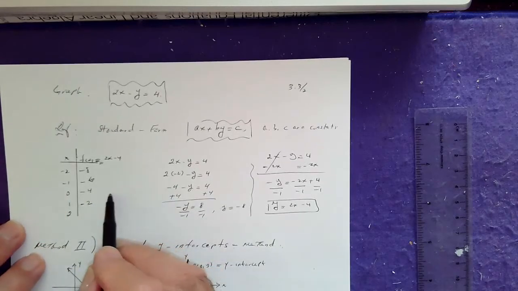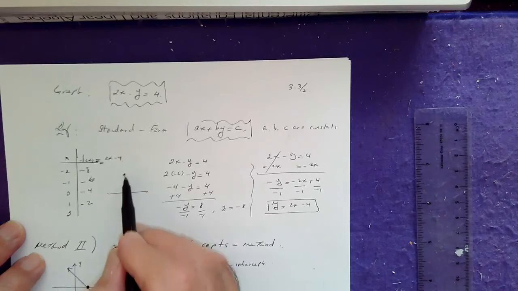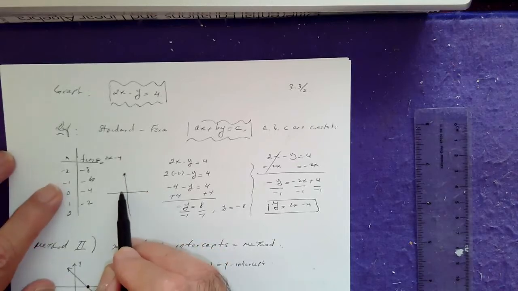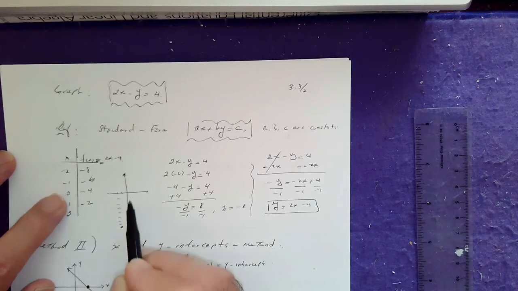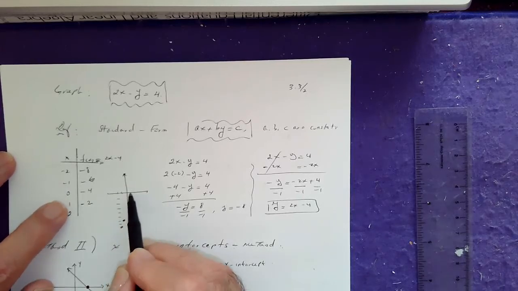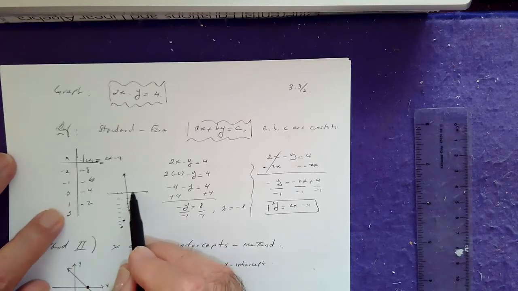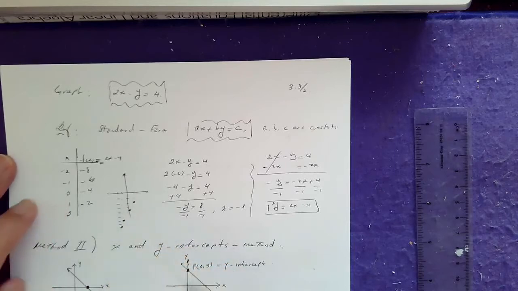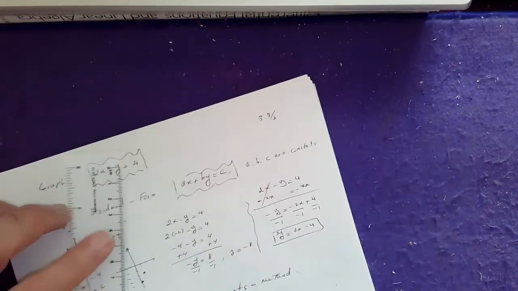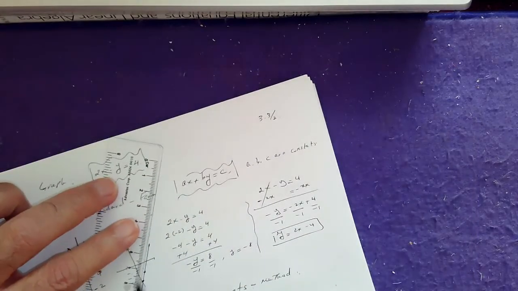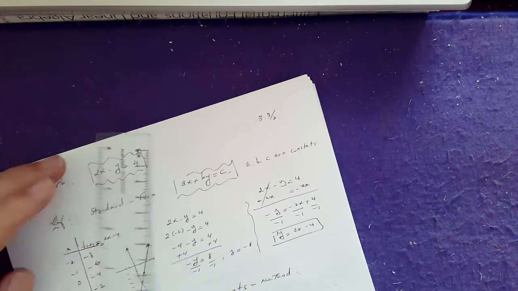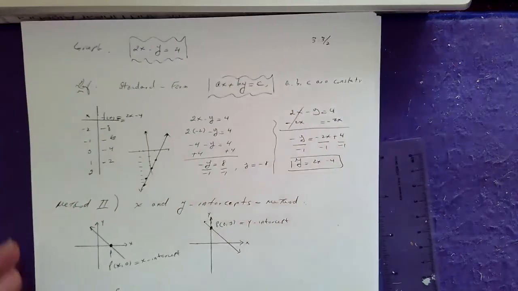And you can plot the dots and get yourself a nice line, and so on and so forth. So if you connect the dots, lo and behold, once again, you get what? Straight line, as I have.